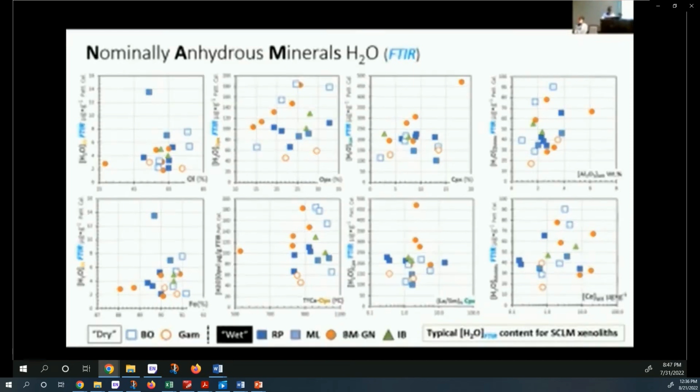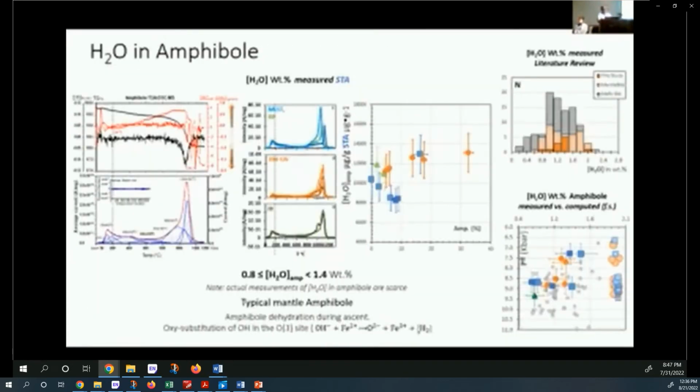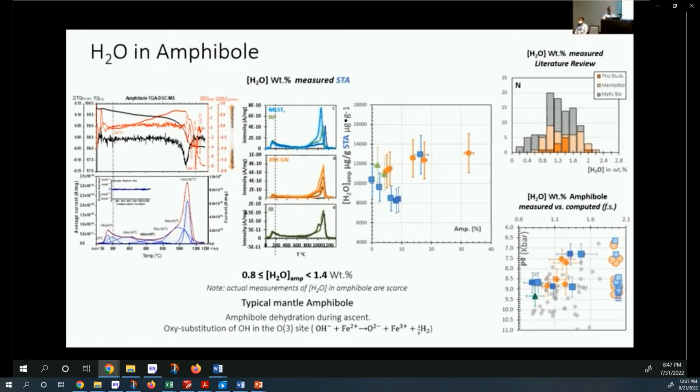Okay. Now, amphibole. Amphibole has very characteristic thermograms with this huge peak at 1050 degrees. And what you see here is that the water content in amphibole varies from 0.8%, 8,000 ppm, to 1.4 weight%.